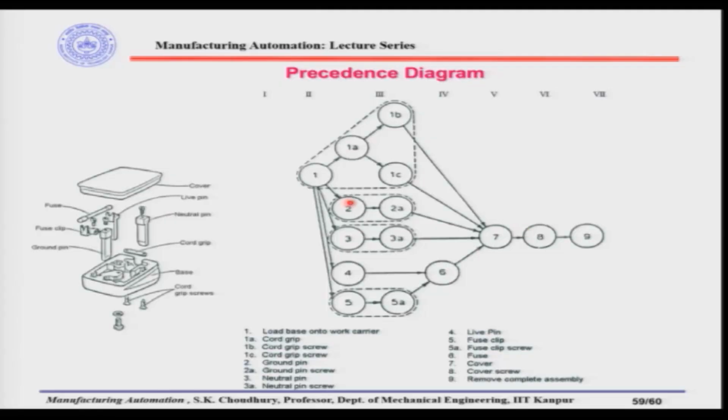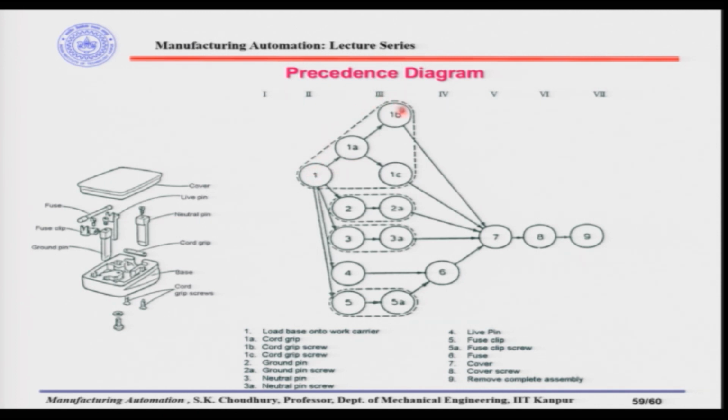After that, all the sub assemblies are put together as an assembly. So, here as you can see, this sub assembly example will be 2 and 2A, or 1, 1A, 1B and 1C, meaning the load base onto the work carrier, cord grip and cord grip screws separately. So, they can be made as a sub assembly.